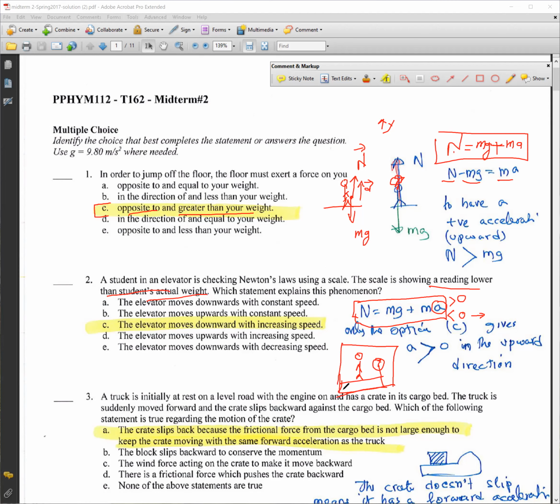Now, what is this? So this is the elevator. If we take the positive y direction pointing up, positive acceleration will be pointing up, negative acceleration will be pointing down. Now, in this case, the correct option is option C, and it's telling me the elevator moves downward with increasing speed.